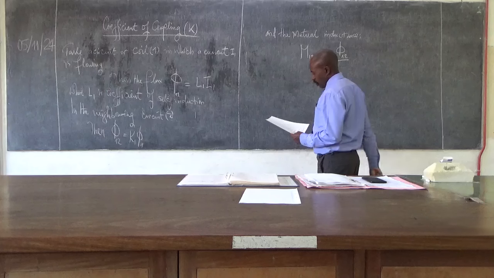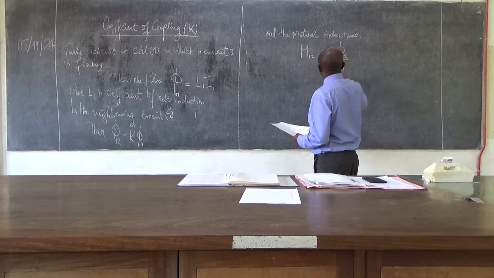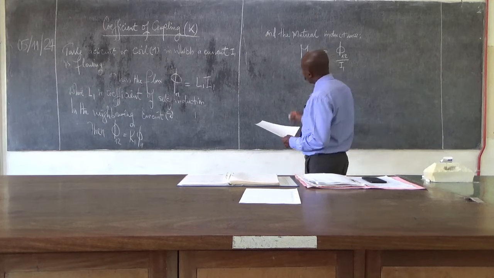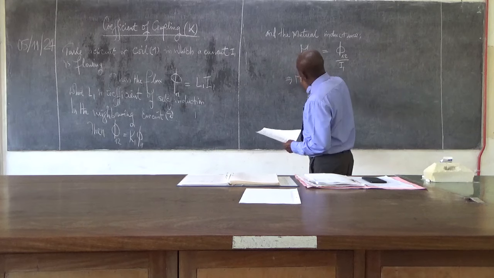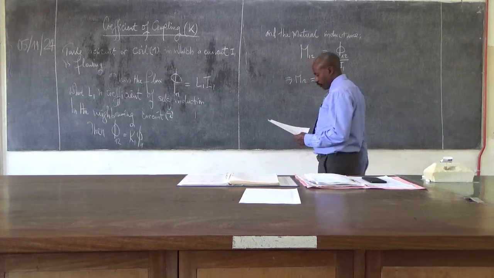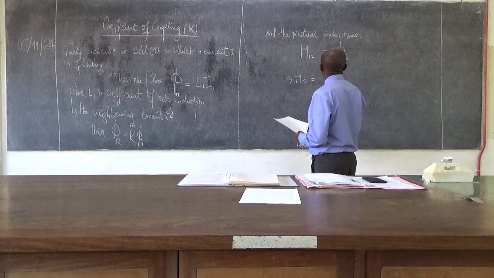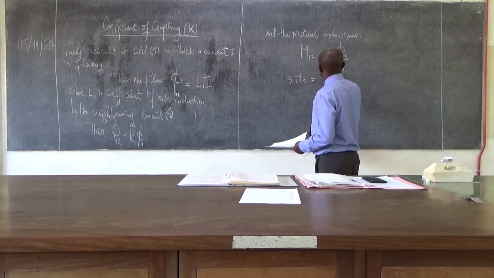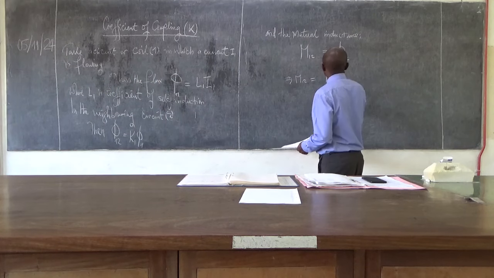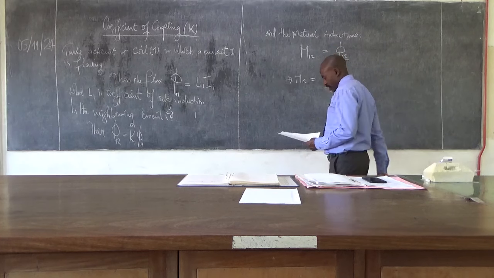So if we are talking of coil or circuit 1 to circuit 2, M would be the same as phi 1,2 over I1. This implies that M1,2 would be equal to K1 phi 1,1 divided by I1.